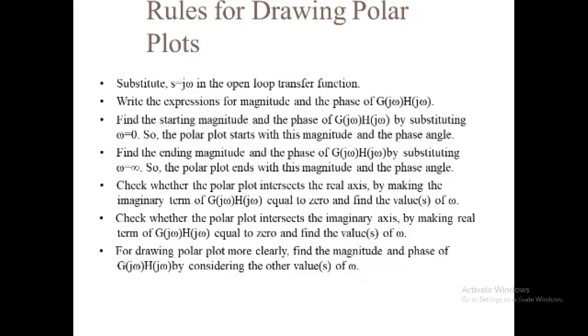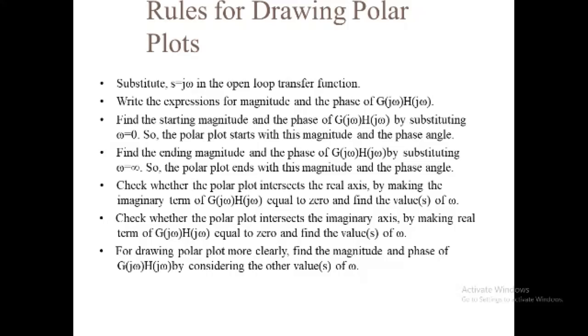Now find the starting magnitude and phase of G(jω)H(jω) by substituting ω equals 0. Then the polar plot will start with this magnitude and phase angle.